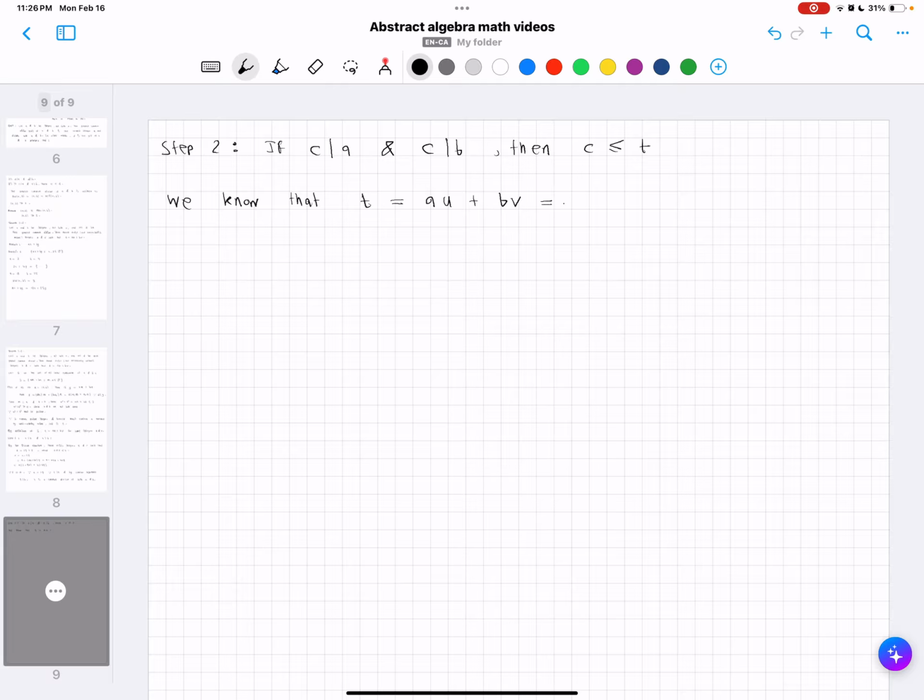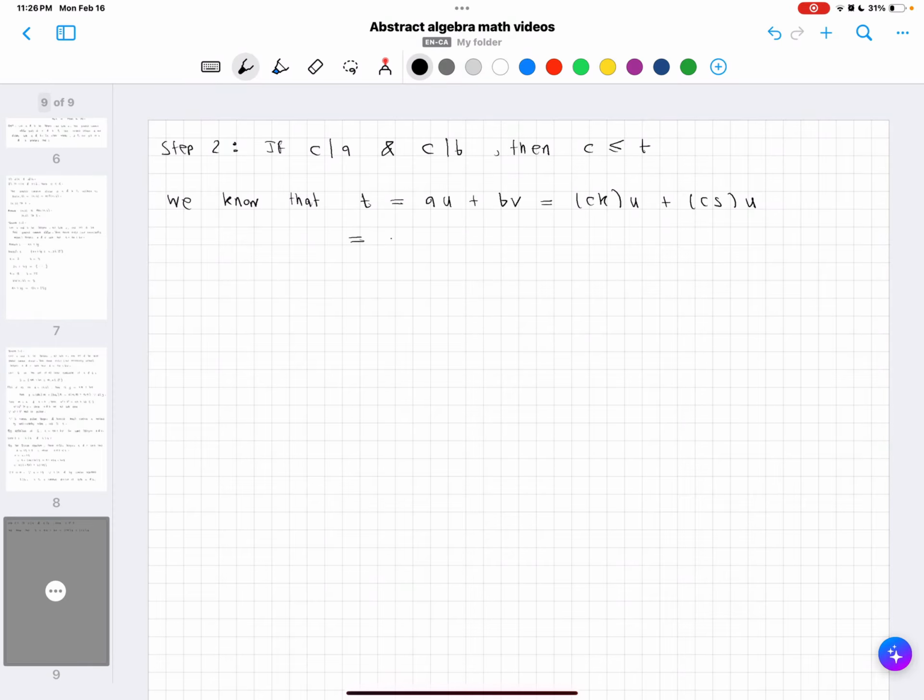We have that c divides a and c divides b. So there are two integers, k and s, such that c multiplied by k is a and c multiplied by s is b.